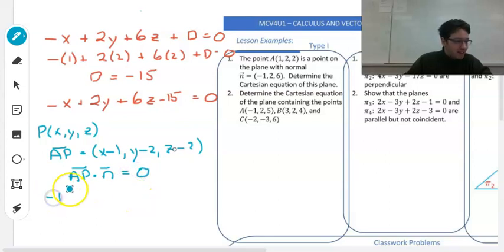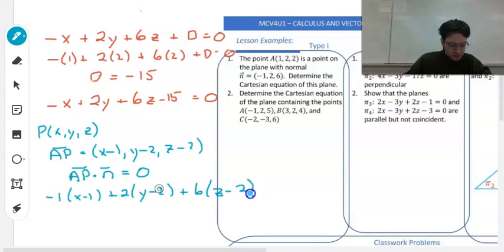That'll give us negative 1 times x minus 1 plus 2 times y minus 2 plus 6 times z minus 2 equals 0.